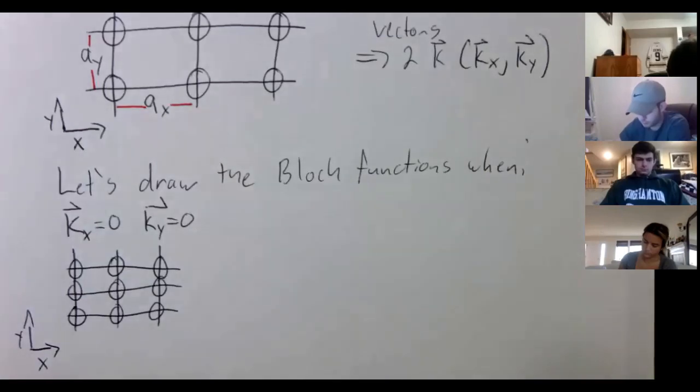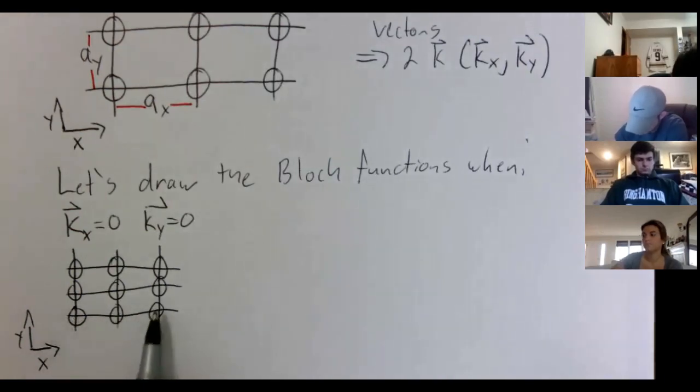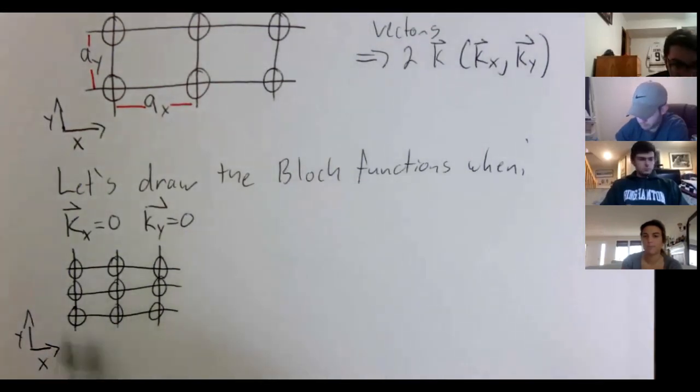No. It didn't change, right? So k is equal to 0 in both the x and the y direction. Do I need to fill any in or show a phase change? Nope. So this is all bonding.